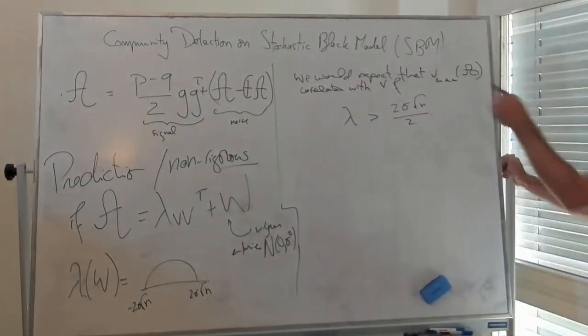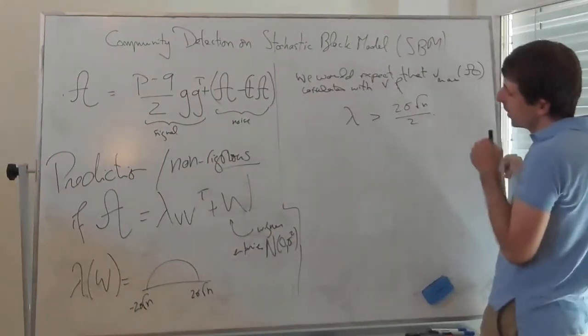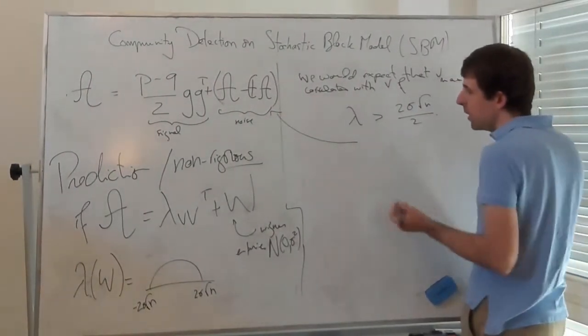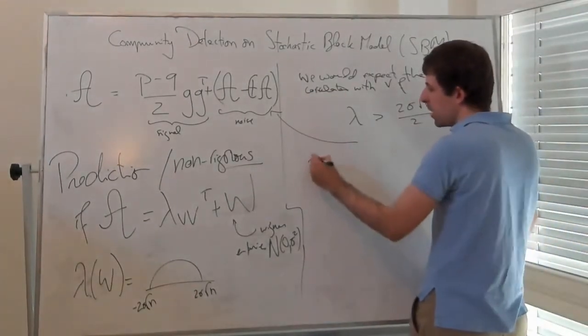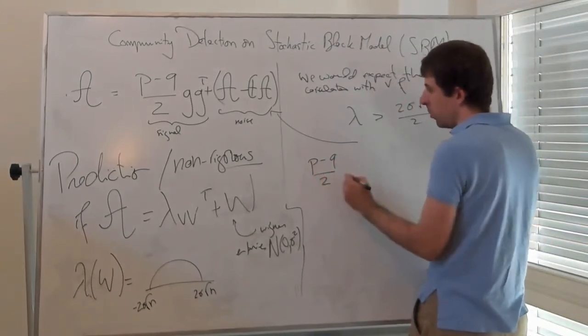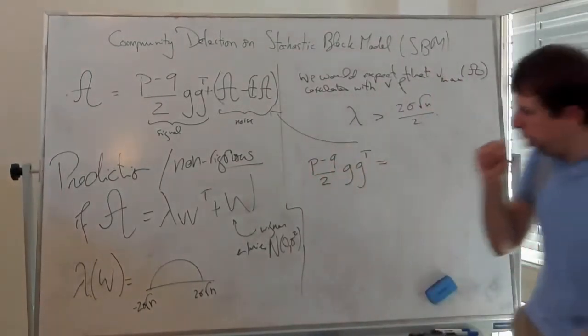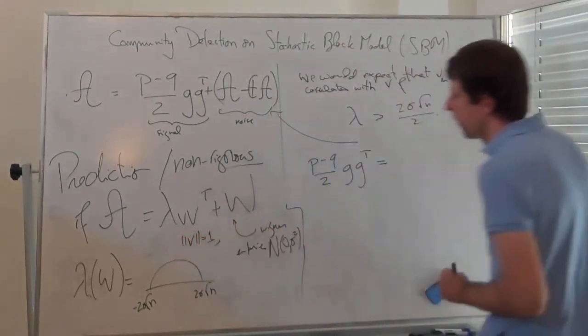Okay, so let's just pretend that this was the case. If we had something like this, what would this predict? Let's rewrite that. P minus Q over 2 G G transpose. We need to write it to have the norm of a rank-1 matrix.